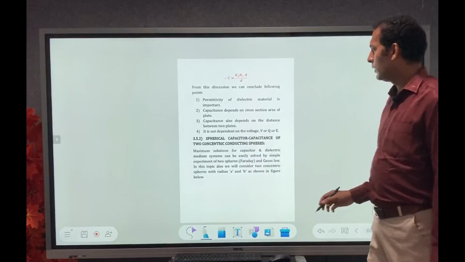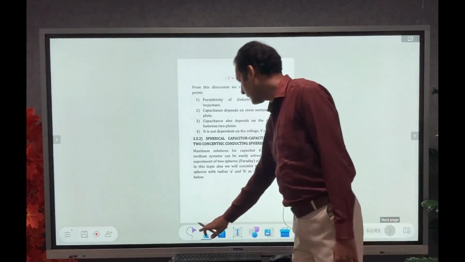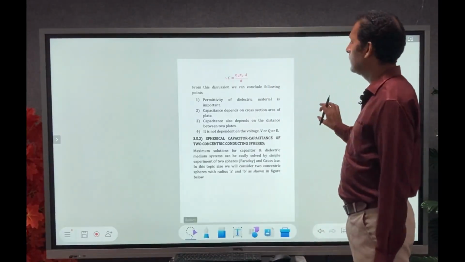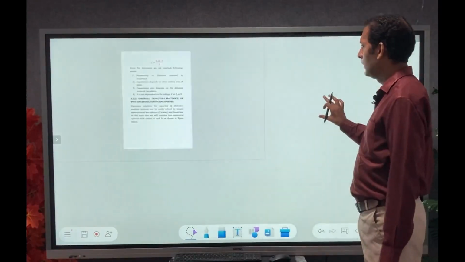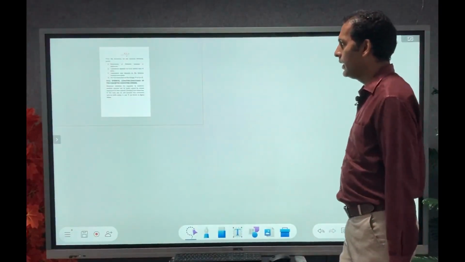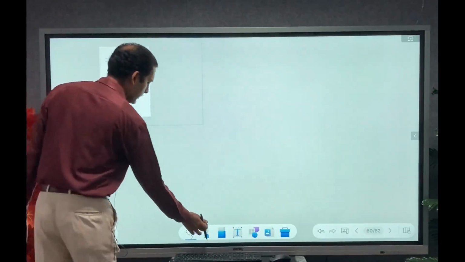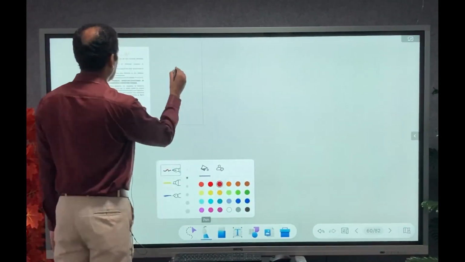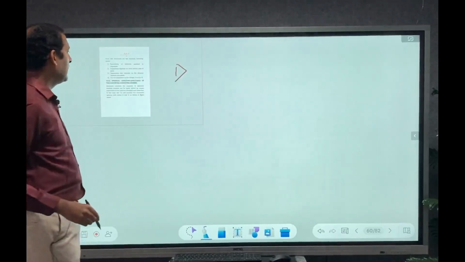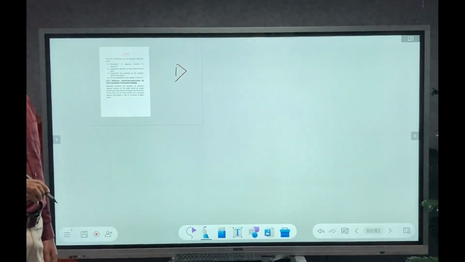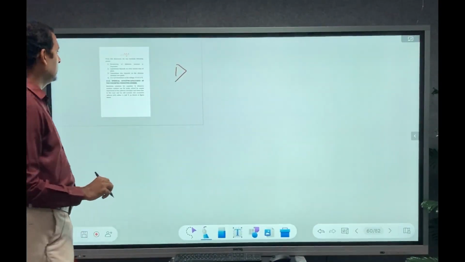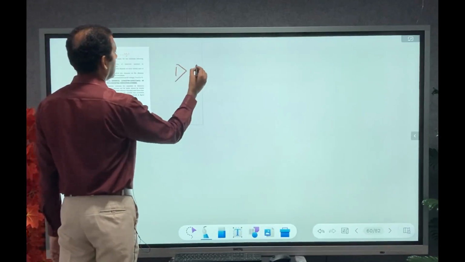Now we have to conclude a few points here. Then we will see the spherical capacitor. So what points do we have to remember out of this? First one we have to remember is that permittivity of the dielectric material is very important in the expression of capacitance. So what is the C formula?